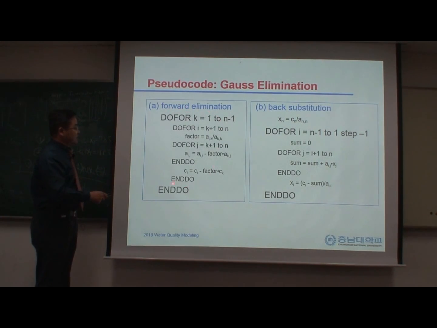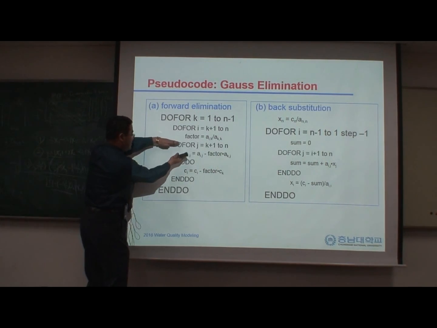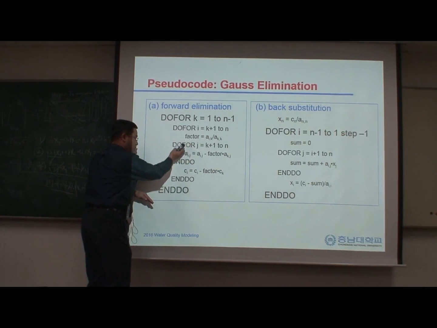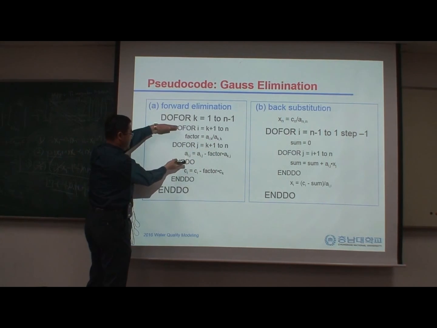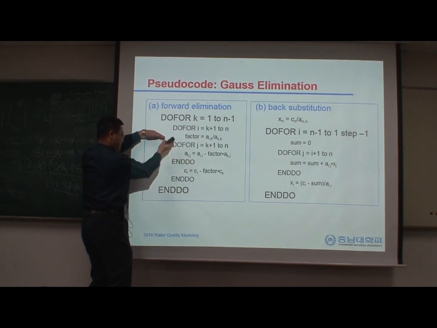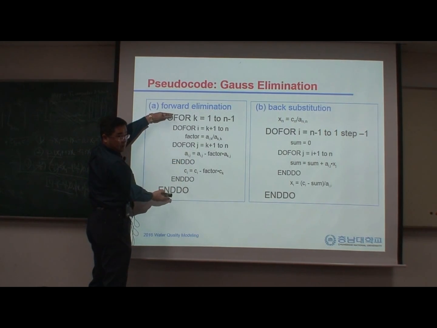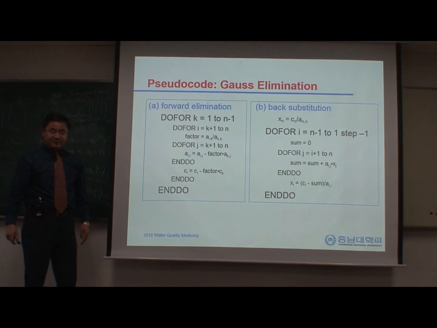For this one, it says for the elimination process, Do means you have to iterate so many times. When you are done with the iteration, you go back to here and iterate again, and when you are done, you go back to the outermost group and complete the process.